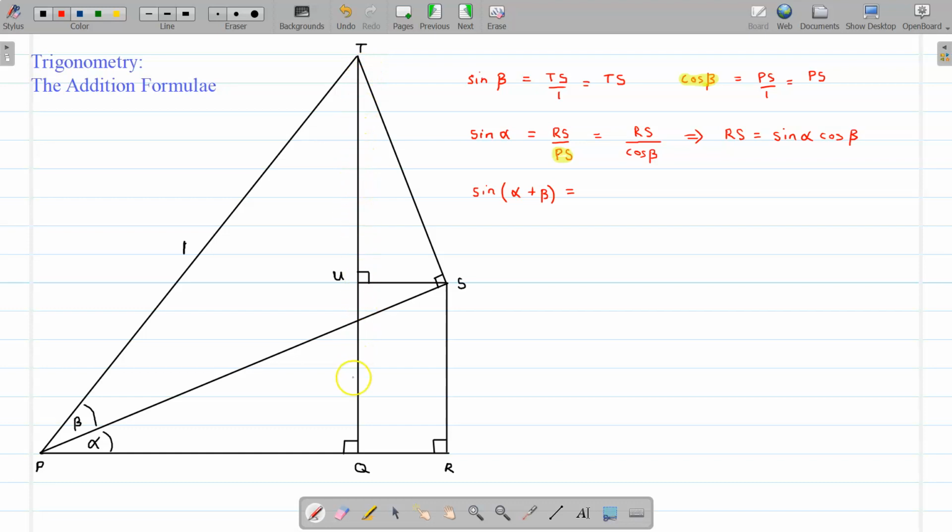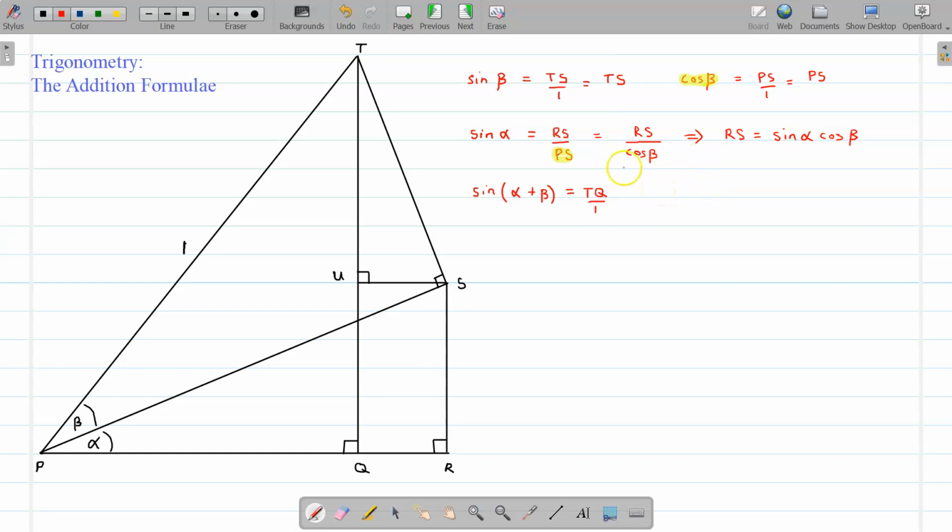So there's the opposite, you see, TQ, the whole of that line over the hypotenuse, which is 1. So that equals TQ over 1, and TQ over 1 is just TQ.